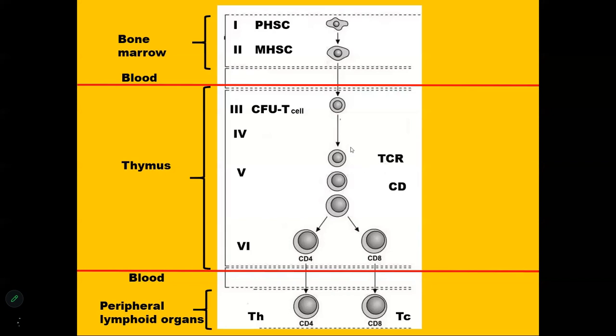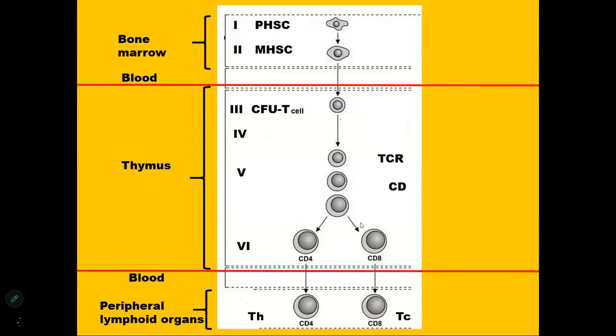TCR means T cell receptor. CD, this is cluster of differentiation. And you see, in thymus, class number 3, number 4, number 5, and even number 6.